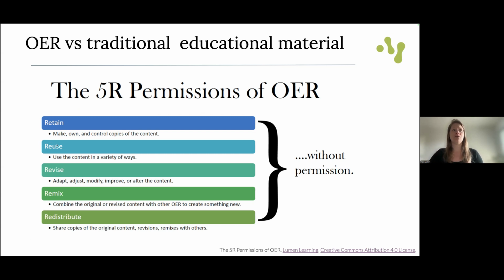You can reuse the content in a variety of ways, but you can also revise it, which means that you can adopt, adapt, adjust, or modify to your liking. You can remix, so you can combine several resources into one to create something new, and you can redistribute what you've created from the previous content. And you can do all of this without having to ask permission from the original creators because there is already a license attached to the material.